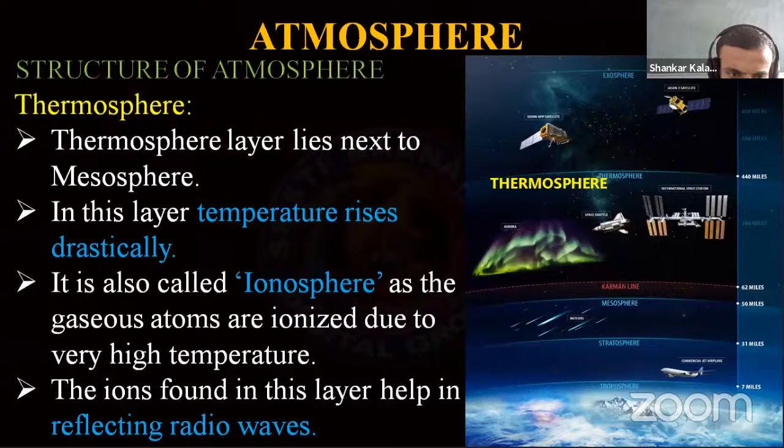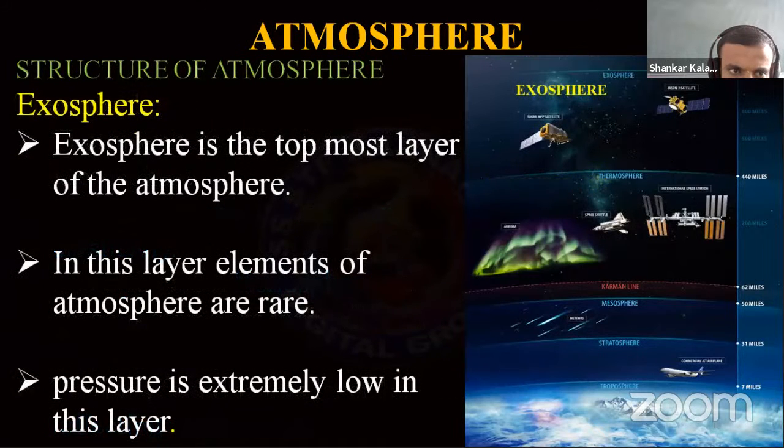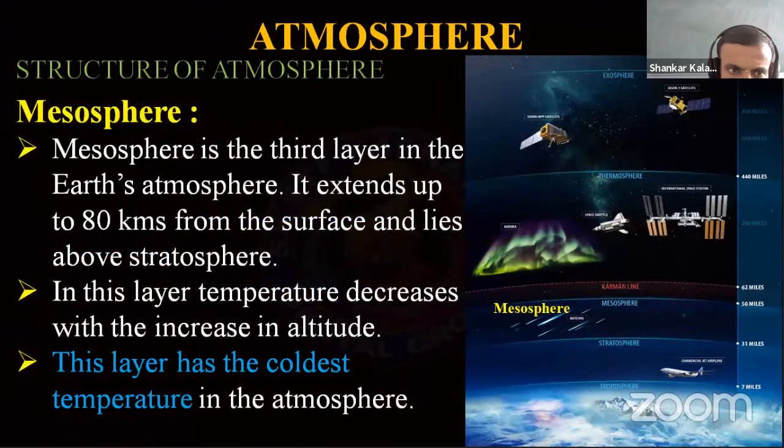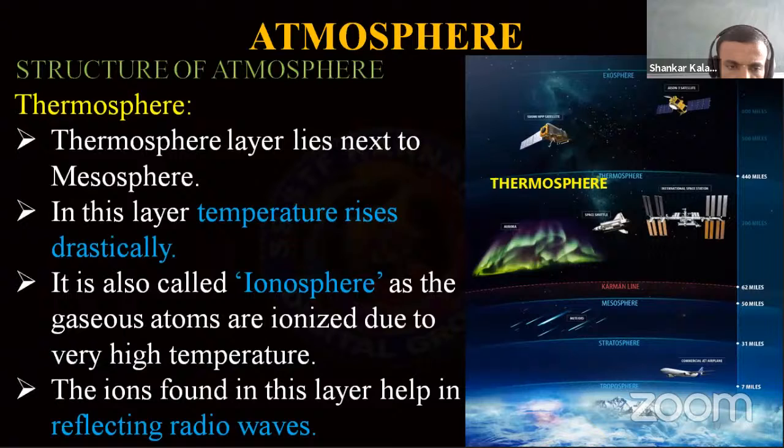Because of that, it is called the ionosphere. Radio waves can't cross this ionosphere or thermosphere. They reach up to the thermosphere and then come back to the earth to do the communication.